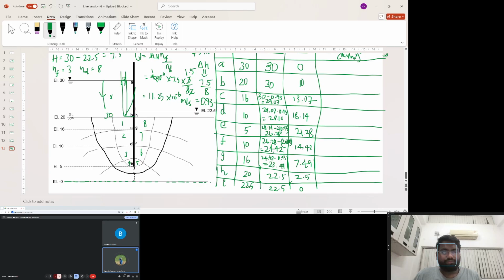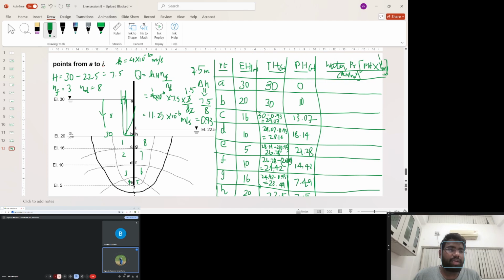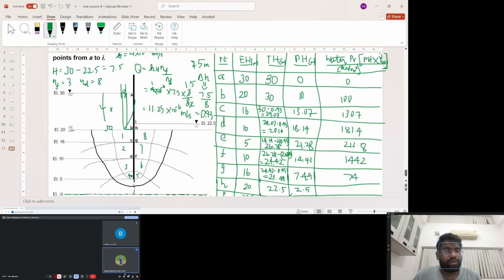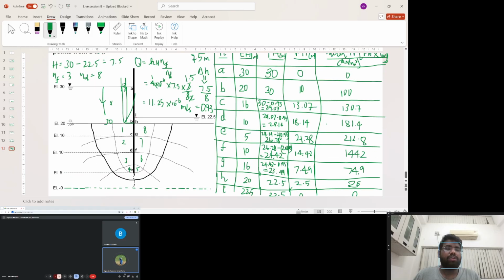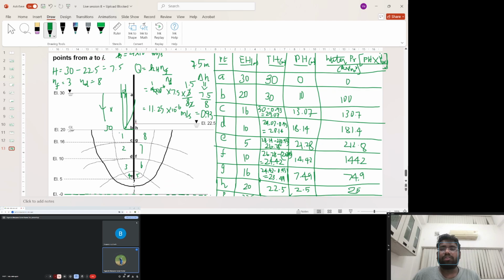So in order to compute water pressure, you can take the unit weight as 10 kilonewton per meter cube and just multiply by 10. 0, 100, 130.7, 181.4, 212.8, 144.2, 74.9, 25 and 0. So this is how pressure heads are calculated for this type of problem where flow is occurring.